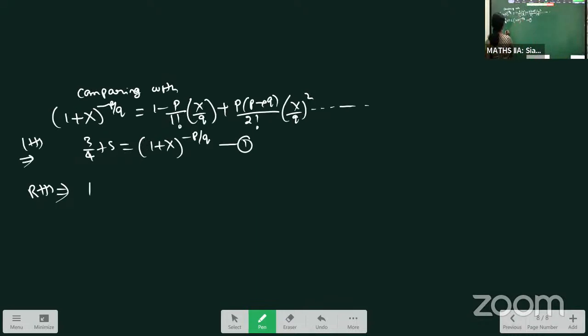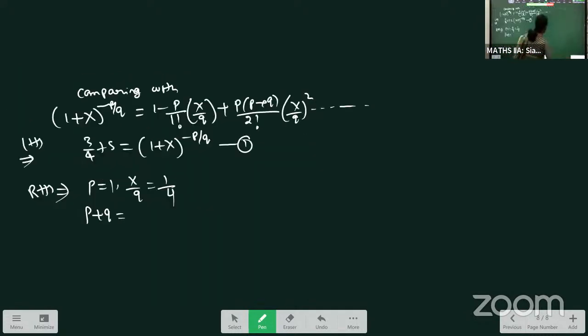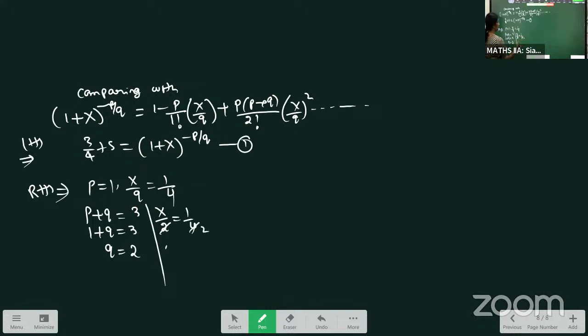So directly you can take p equal to 1. And for x by q we have 1 by 4. Next, the third term has p plus q. What is the second factor in the third term? 3. So p plus q is 3. Substitute p: 1 plus q is equal to 3, so q is 3 minus 1, that is 2. So x by 2 is equal to 1 by 4, so capital X is 1 by 2.